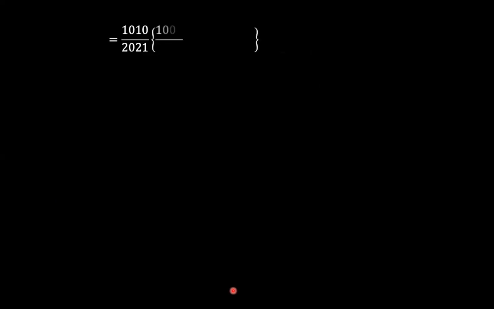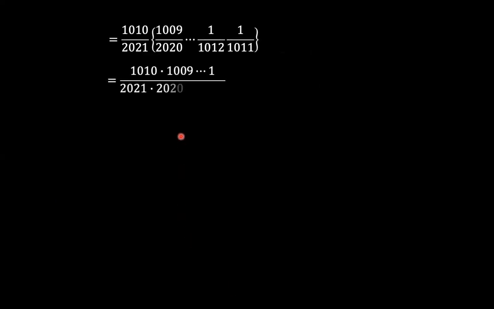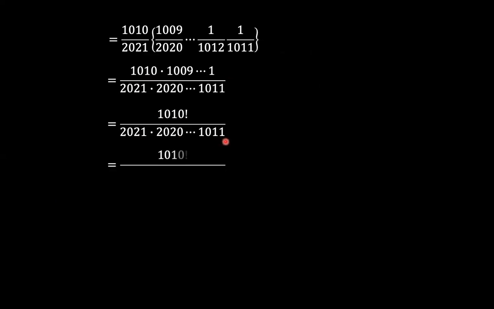So as you continue, we have a way of expressing a product of numbers all the way down to 1. And that is, we'll say that the numerator is 1010 factorial. And then in the denominator, we have 2021 down to 1011. We can multiply both the numerator and denominator by the factorial of 1010.